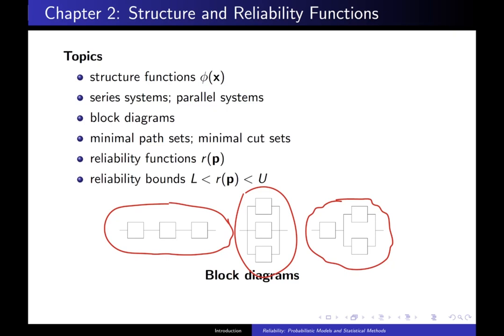Then we start to apply probability to all of these notions, and we put together reliability functions which will tell you the probability that an item is functioning at a particular time. And then the last thing, when we have huge systems, sometimes it's useful to put together a reliability bound for the system reliability.